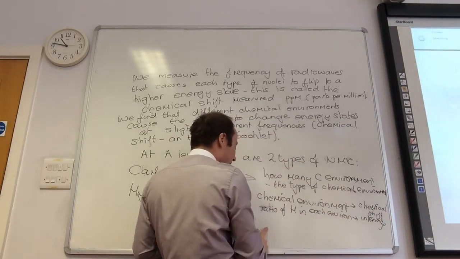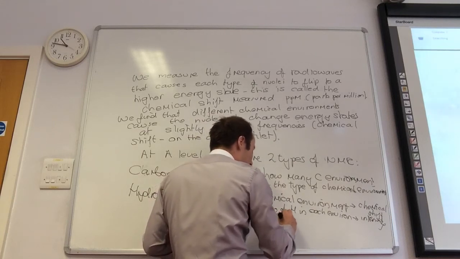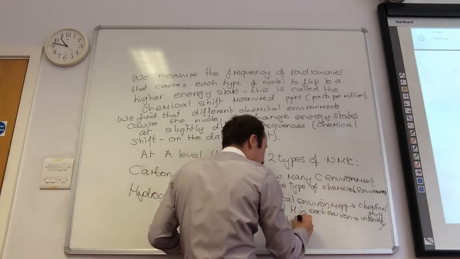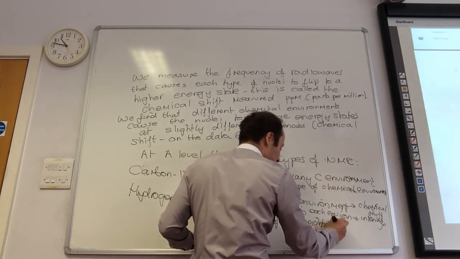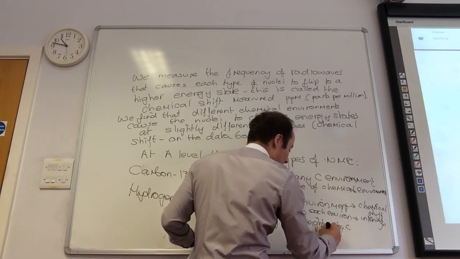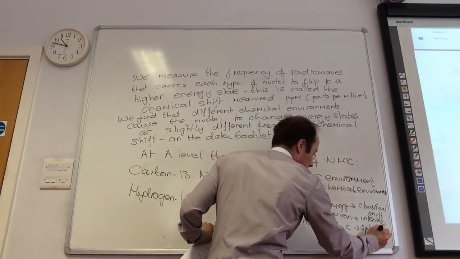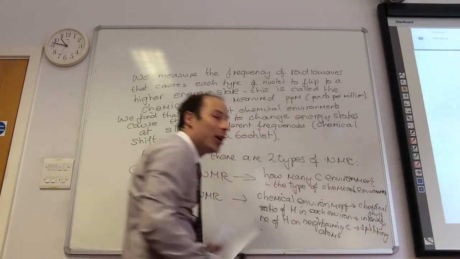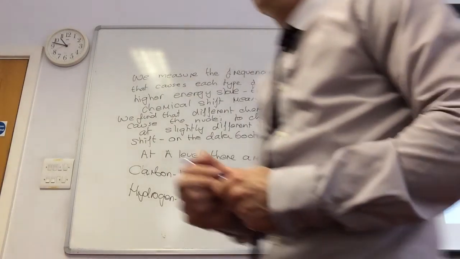And finally, I get the number of hydrogens on neighbouring carbons, and I get that from splitting. So hydrogen NMR is far more powerful, and because it's more powerful, it is far more complicated.